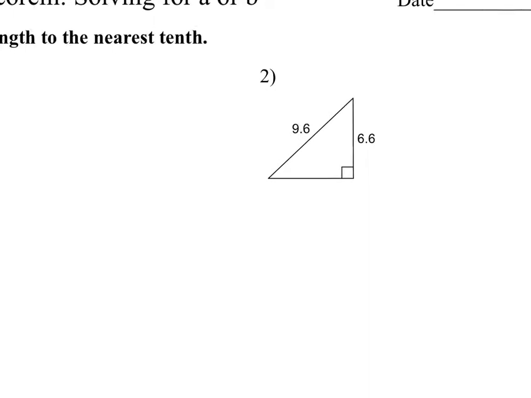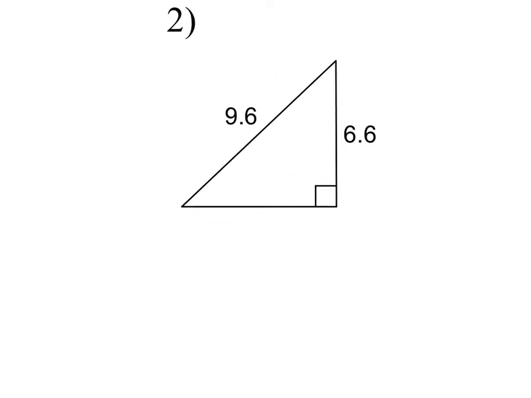Going to move over here to number 2, do one more example for you guys. So again, I'm going to write out the formula. We have A squared plus B squared equals C squared. We're going to call A our shortest side, but again, I can't really tell what the shortest side here is, so I'm going to call this side A. I'm going to call this side B because it's attached to the 90-degree angle.